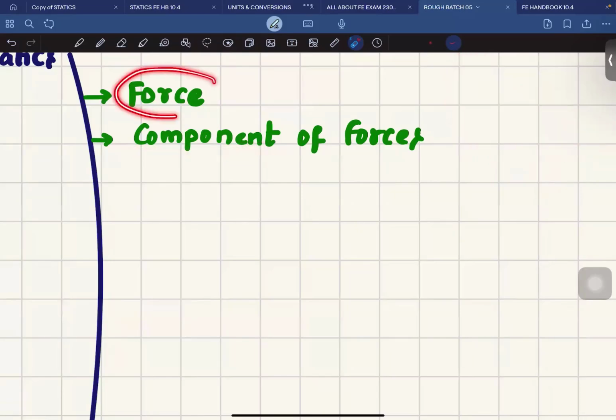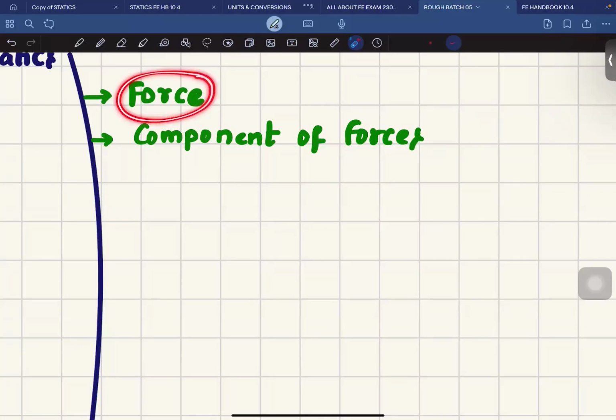And coming to the force, force is nothing but a pull or push of a body. If you are playing football, kicking the ball with your leg is nothing but pushing it, so there you are applying some force. If you're pulling a trolley of luggage in the airport, it's nothing but a force.